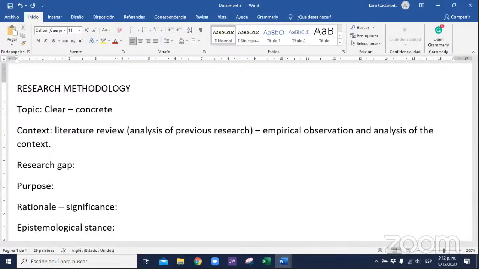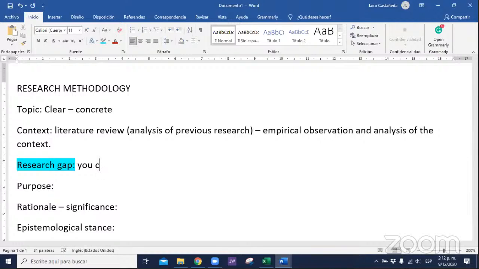Meaning that you have to go to the context and do something preliminary, analyze something preliminary related to the topic that you are observing, right? When you have data from this and you have revised the literature review, so the analysis of previous research papers, you are going to find what we call the research gap, okay? So this research gap is not a lag, okay? You cannot confuse it.